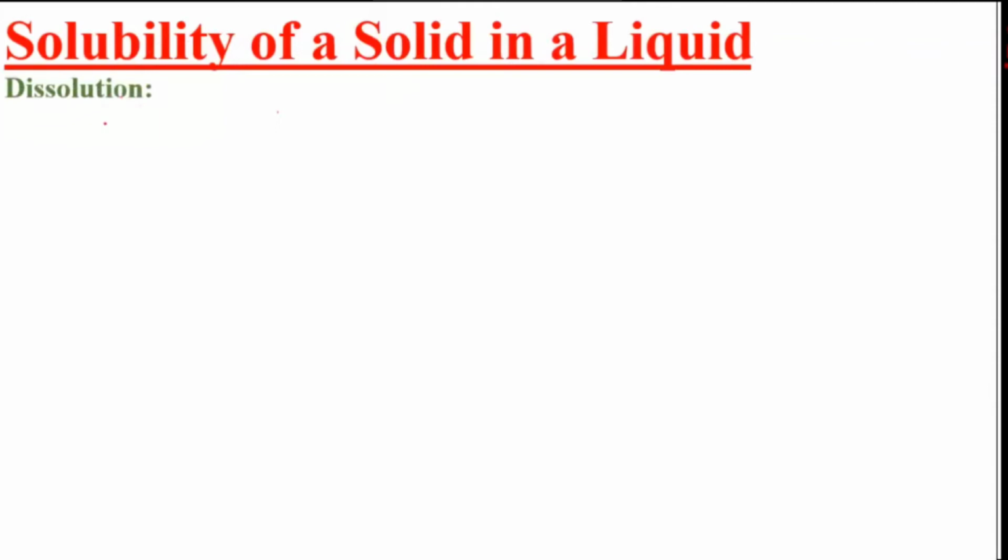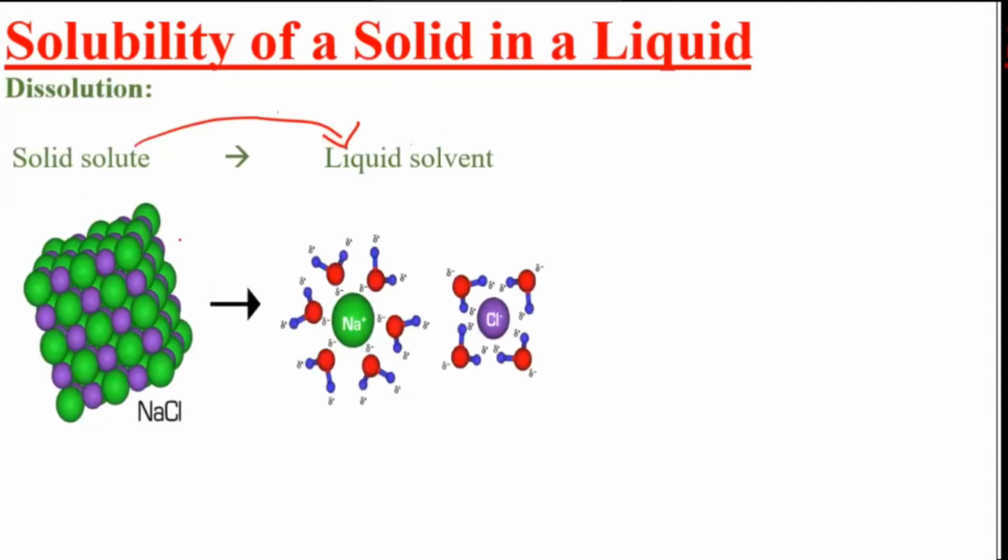Dissolution means when a solute is added to a solvent, which can be a liquid, and the solute dissolves in that particular liquid. For example, if I take sodium chloride and add it into water as a solvent, then it will get dissolved here.